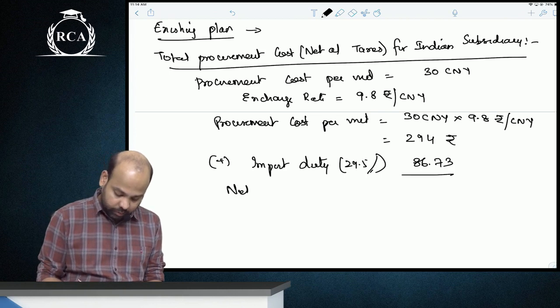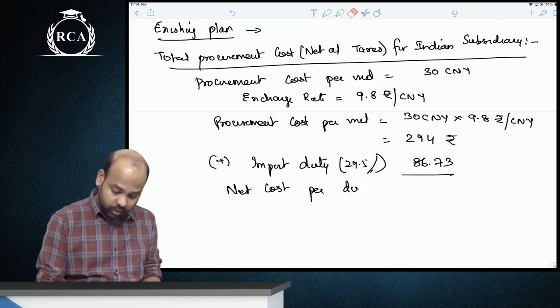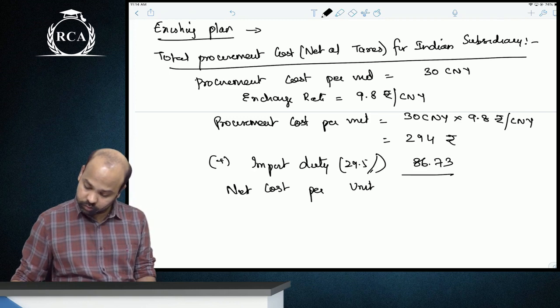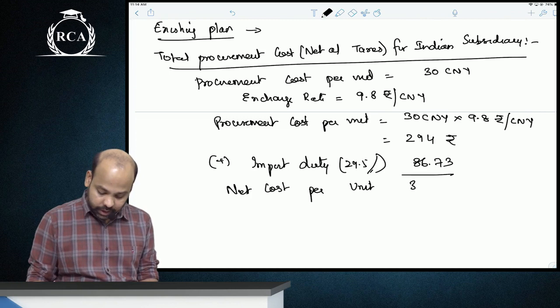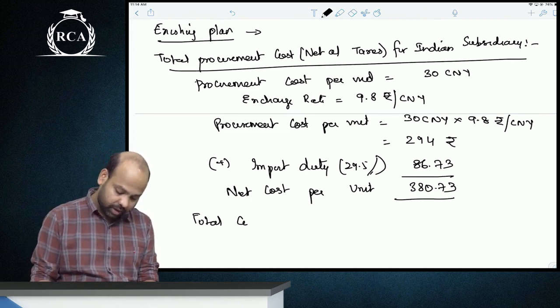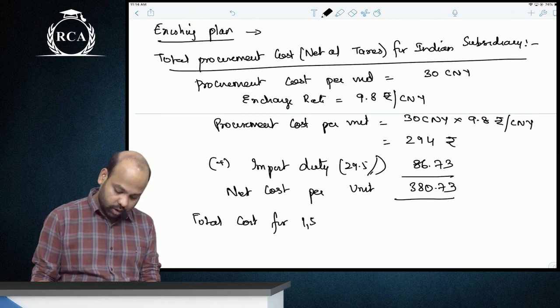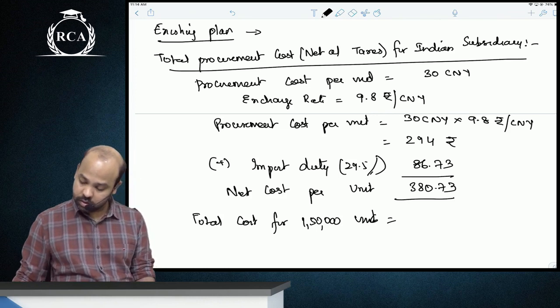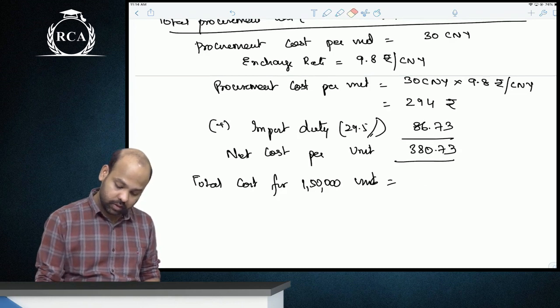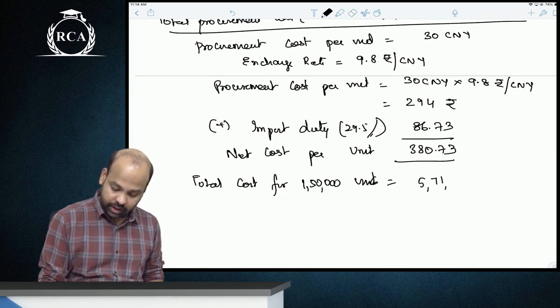The import duty here will be non-refundable, so the net cost per unit would be 380.73. The total cost for 1,50,000 units is 5 crores 71 lakhs 9,500.